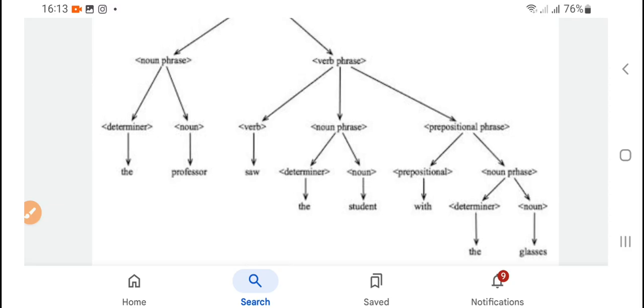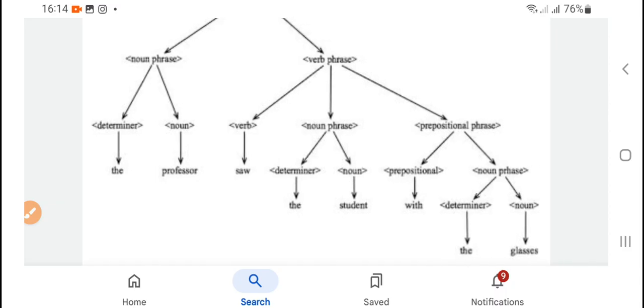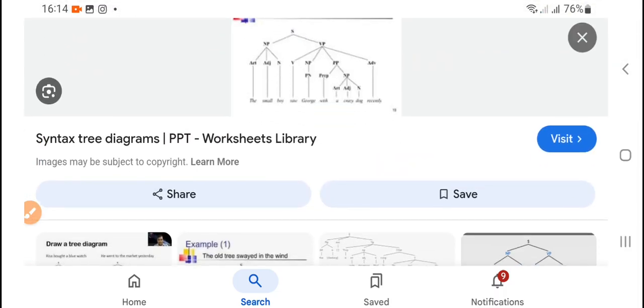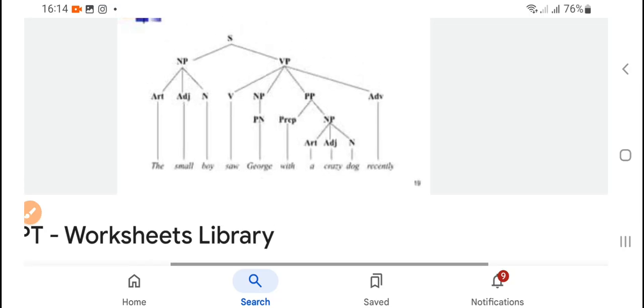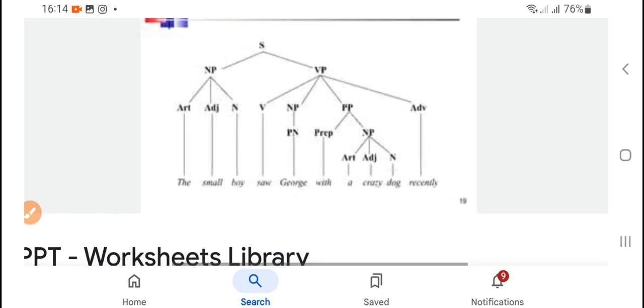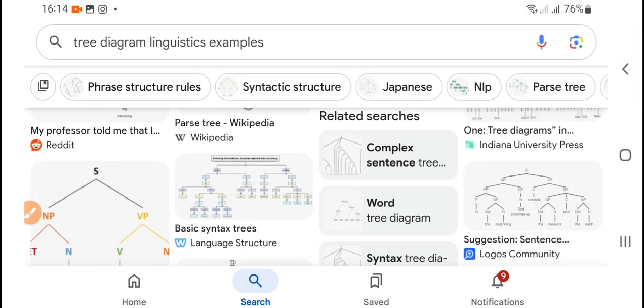The professor, okay, saw, the main verb, right? Then the students, right? Saw the students. So that is verb, noun phrase, and with the glasses, simple, right? Okay, now here the sentence is that the small boy saw George with a crazy dog recently, already discussed.